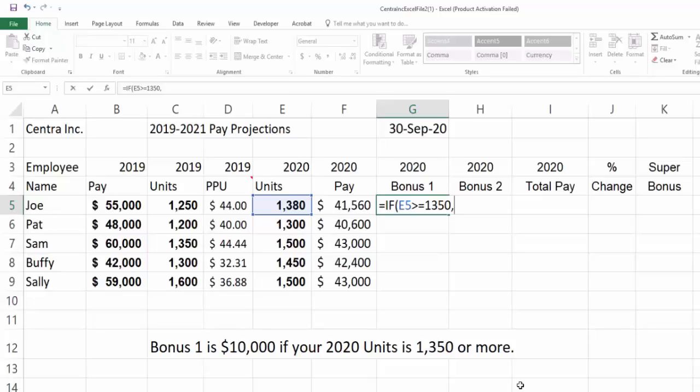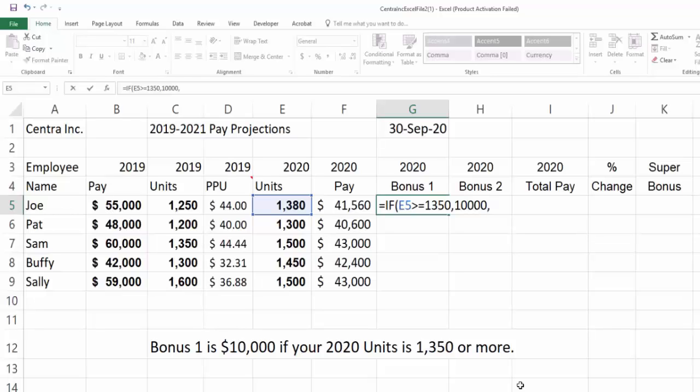Comma. Stare at that for a second. I'm simply asking Excel to check something, a rule, a criteria, a condition. Excel, if E5, 2020 units, is greater than or equal to 1350, then it's true. Then give me something. Give you what? 10,000.